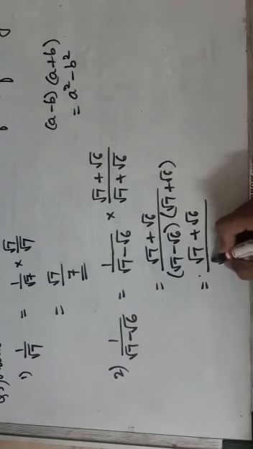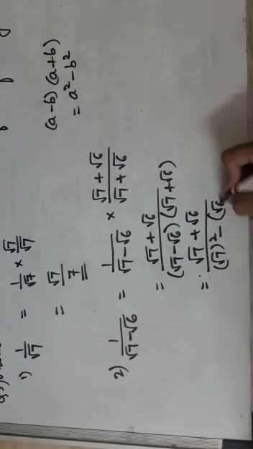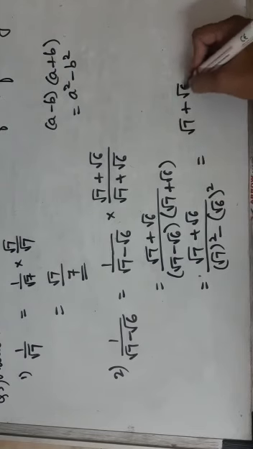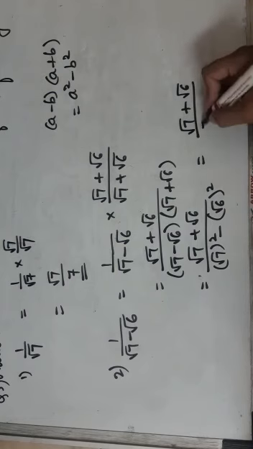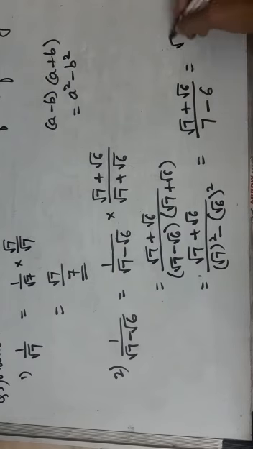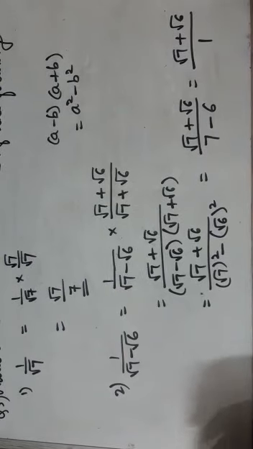So a square, root 7 square, minus b square, that is root 6 square. So it will be root 7 plus root 6 upon root 7 square is 7 minus root 6 square is 6. So it will be root 7 plus root 6 upon 7 minus 6, which is 1. Now 1 is what? Rational number. So you have rationalized the denominator.